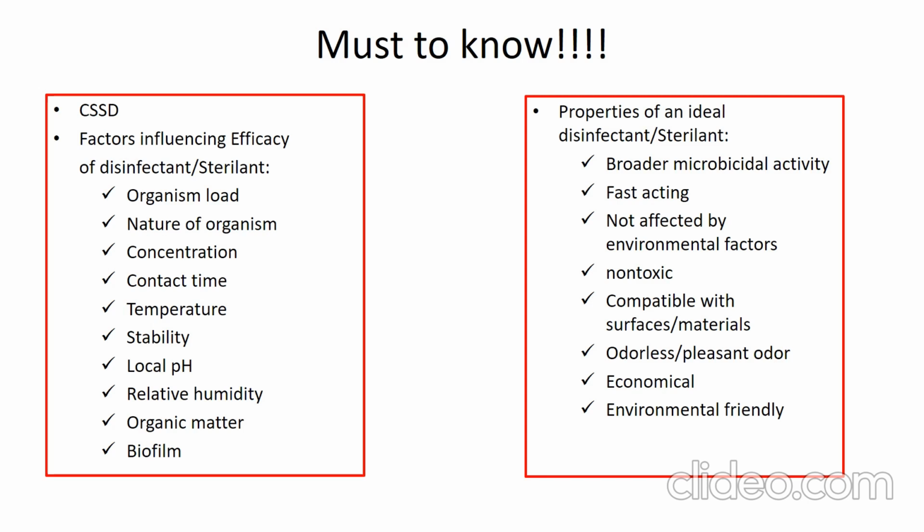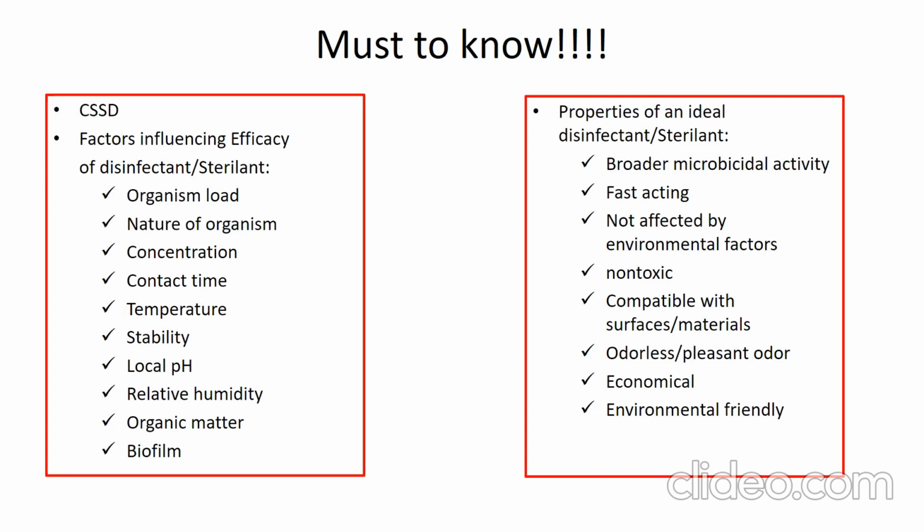We have other categories of disinfectants which have to be discussed here. These can be used on surfaces or on devices, but they may not kill the spores. They are classified as high level disinfectant, intermediate level disinfectant and low level disinfectant. This categorization is based on the Spaulding classification for medical devices.